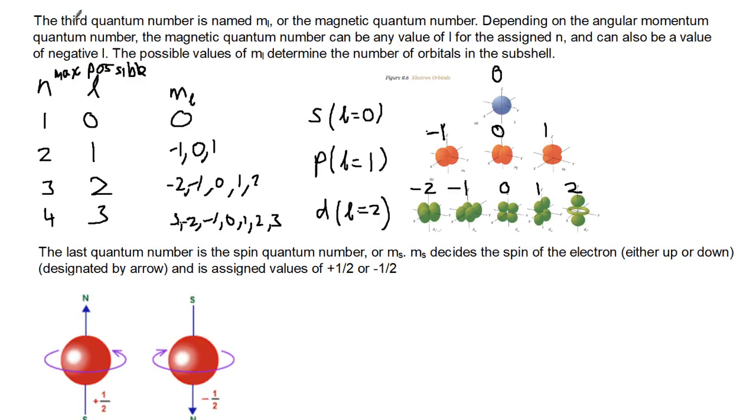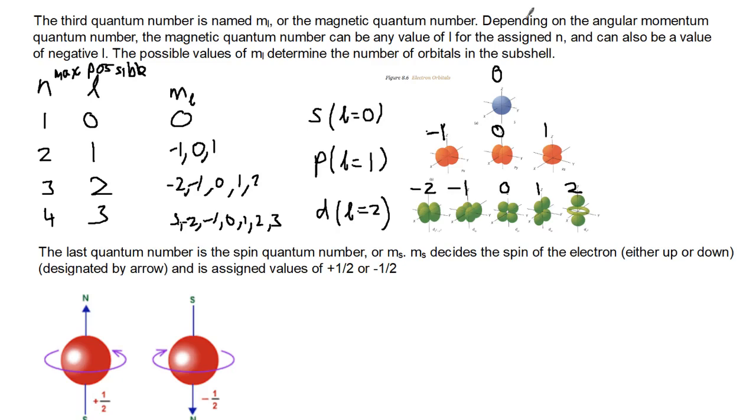Right? The third quantum number is called ml, which is the magnetic quantum number, and it depends on L, right? So if L equals 0, ml can be 0. If L equals 1, ml can be -1, 0, or 1. If L equals 2, ml can be -2, -1, 0, 1, 2.